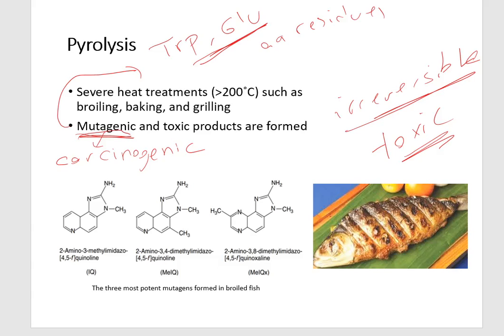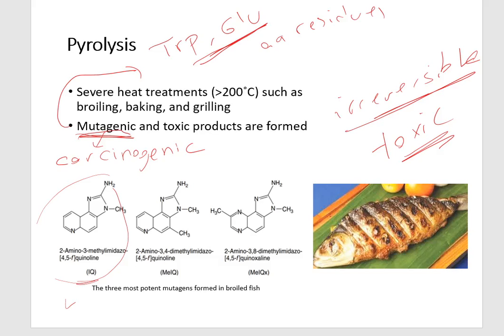So in this figure you see the 3 most potent mutagens formed in a broiled fish. That's the most common. They are generally called IQ compounds, imidazoquinolines, which are condensation products of certain amino acids.